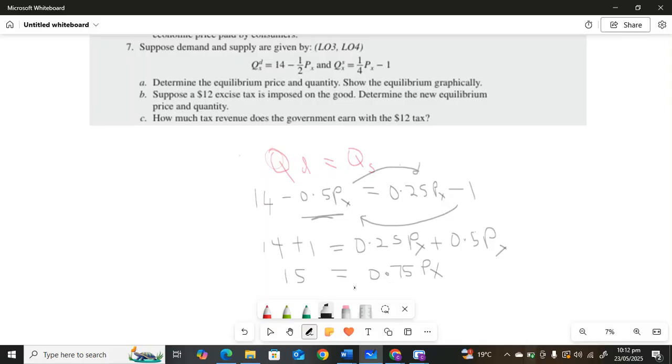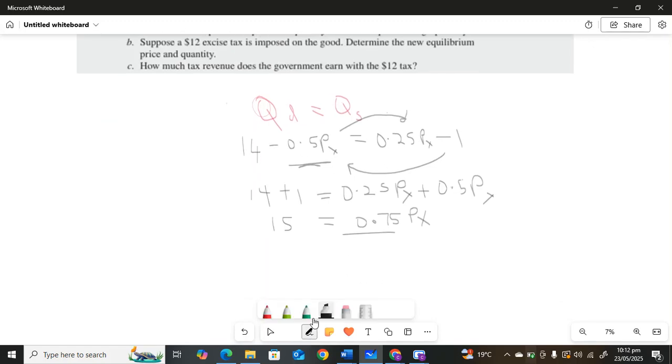So to get the value of Px, divide both sides by 0.75. What is 15 divided by 0.75?